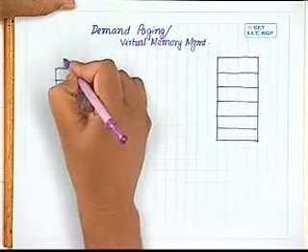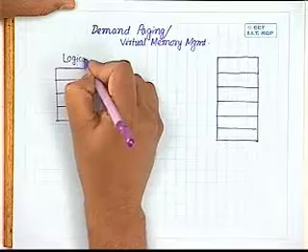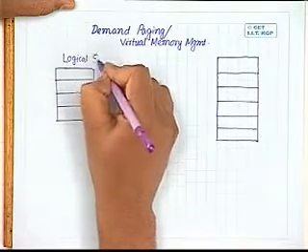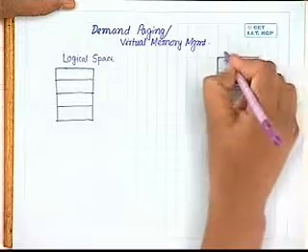So this is the logical address space, and this is the physical memory.